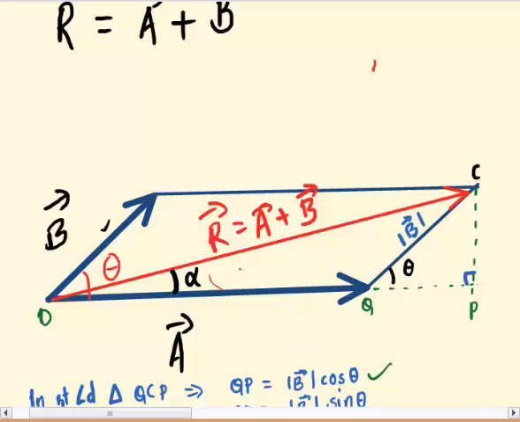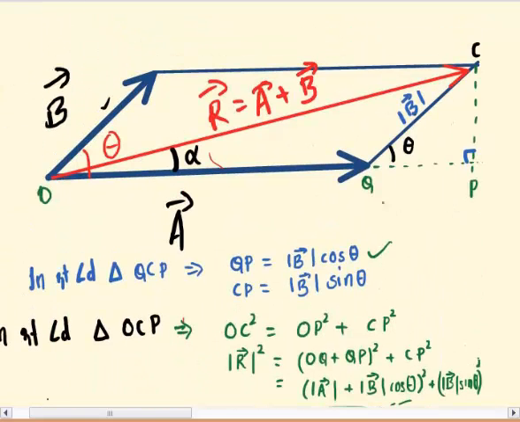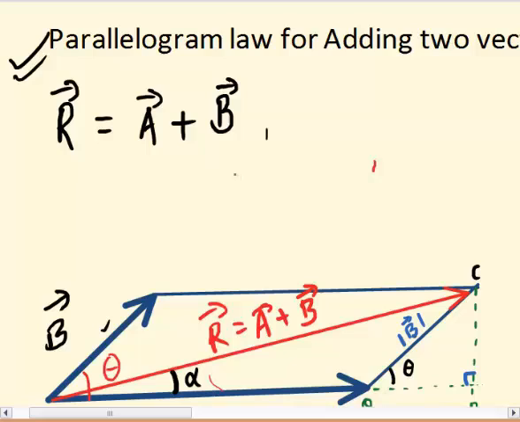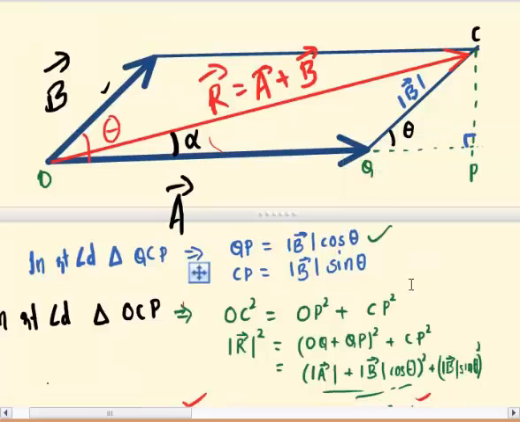Then in this right angle triangle you can see that tan alpha is CP divided by OP. And you already know here that CP is modulus of B sin theta and OP is OQ plus QP, which is modulus of A plus modulus of B cos theta.